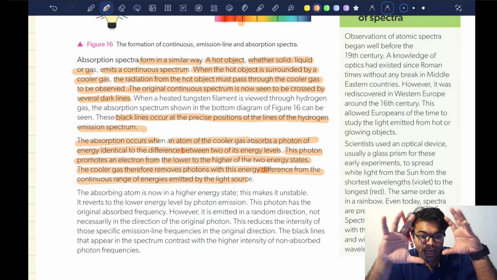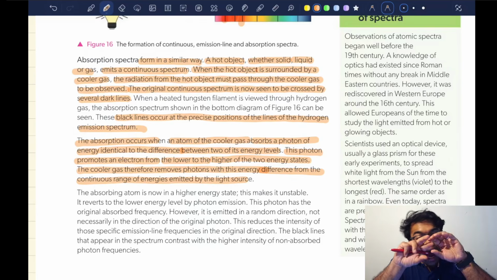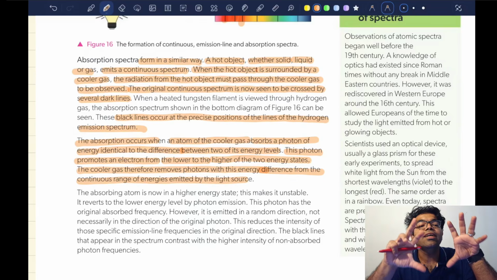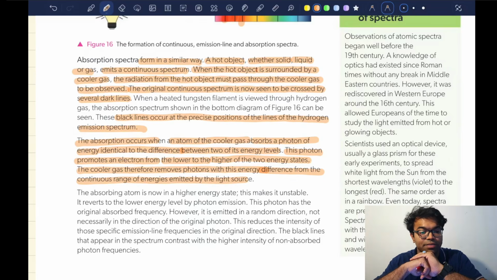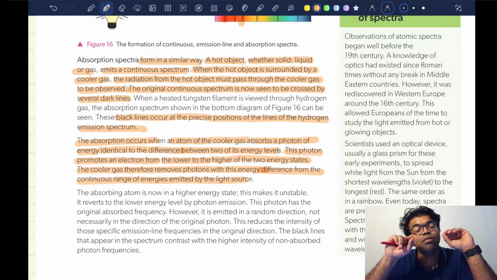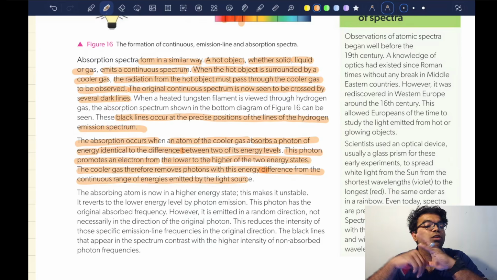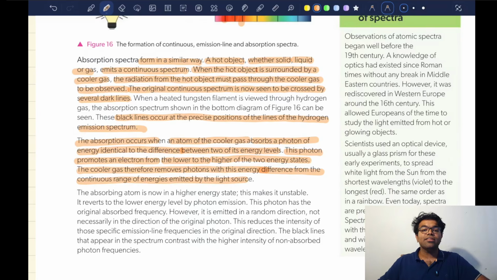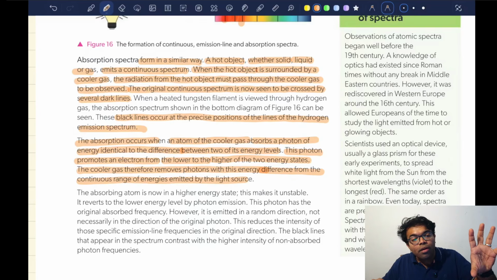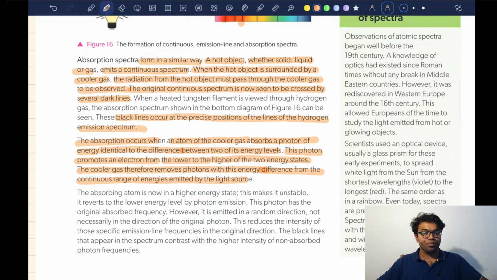Now, we know that in the hydrogen atom, around the nucleus there are certain permissible energy levels. Okay, when an electron is present in one energy level, it won't lose any energy, but as soon as the electron is excited, it will only absorb enough energy to go from a ground state to an excited state. That's it. It won't absorb any extra energy, because it does not require any extra energy.